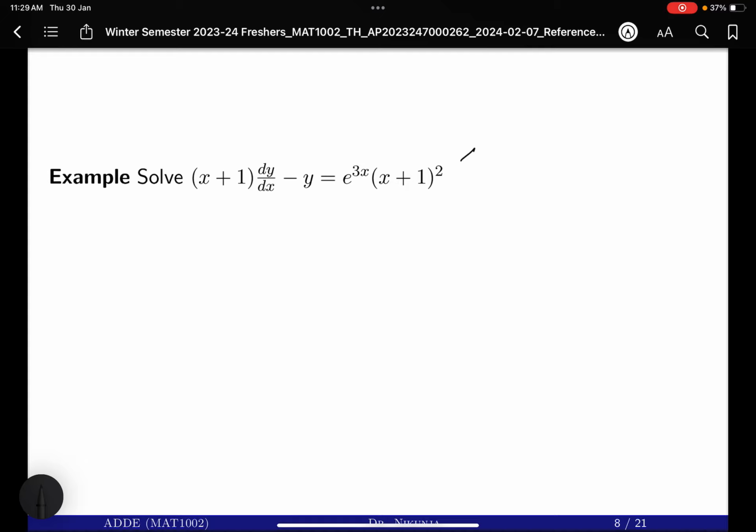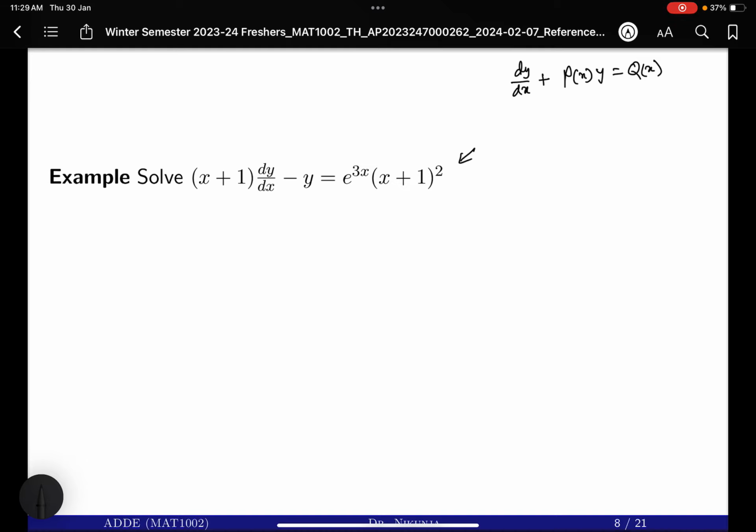For example, we can take this initial problem. This is not given in the form dy/dx + P(x)y = Q(x), but we can make it into this form by just dividing the entire equation by x+1.